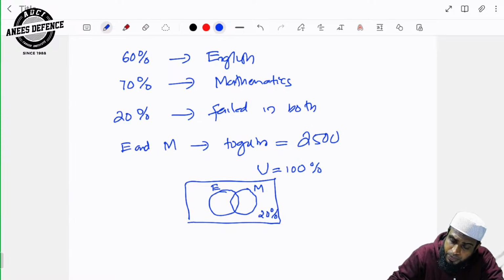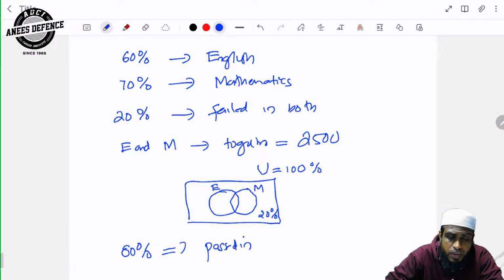That means 80 percentage of the students passed in English or mathematics. If 2,500 candidates passed in both of the subjects.